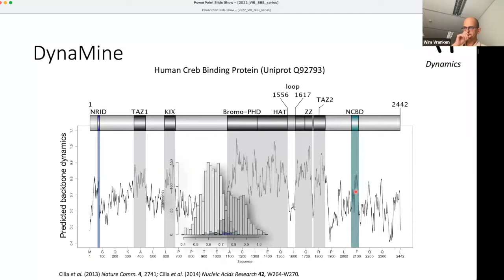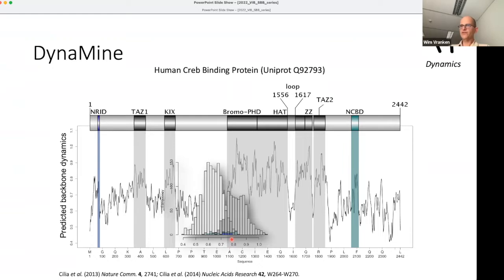If you plot all this information in a histogram, where one is high and 0.4 is low, so this is rigid and this is flexible, the residues in structured domains tend to have very high values. The residues in the folding upon binding are here, and all the other ones, which are basically disordered linker regions, have very low values. And you can see that there's a region between 0.7 and 0.8 where you have a mix between the two.